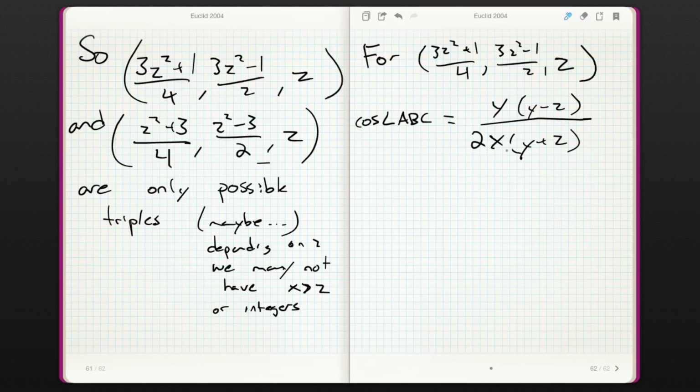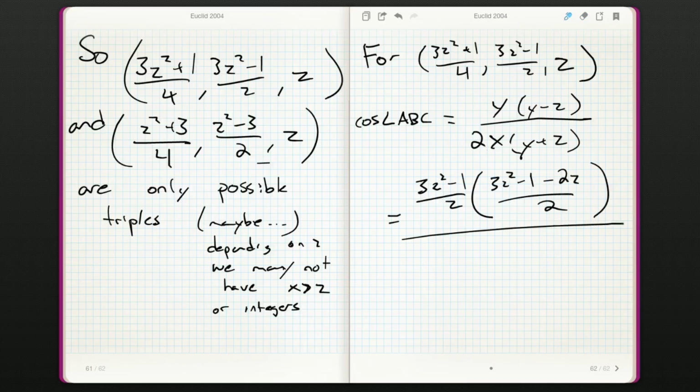I feel like maybe there's a nicer expression. Anyways, so 3z squared minus 1 over 2, 3z squared minus 1 minus 2z over 2, 2, 3z squared plus 1 over 4, 3z squared minus 1 plus 2z over 2.